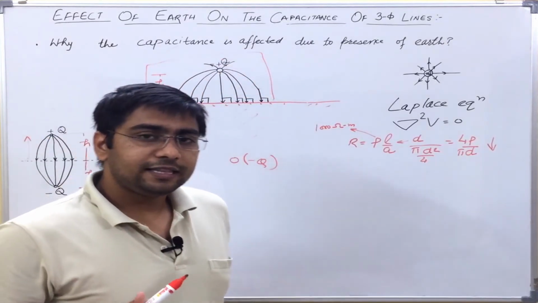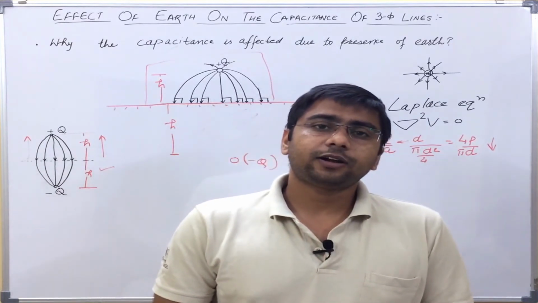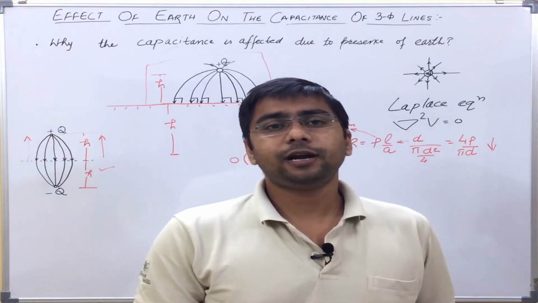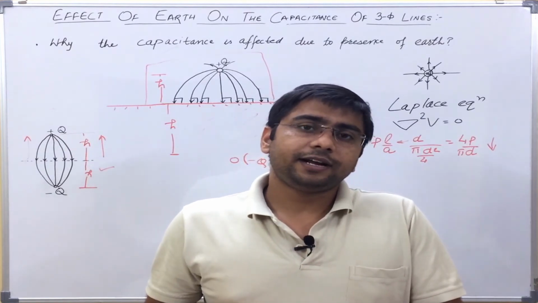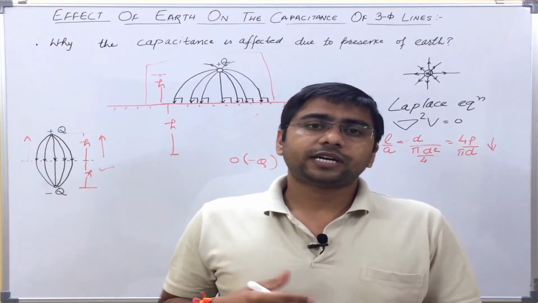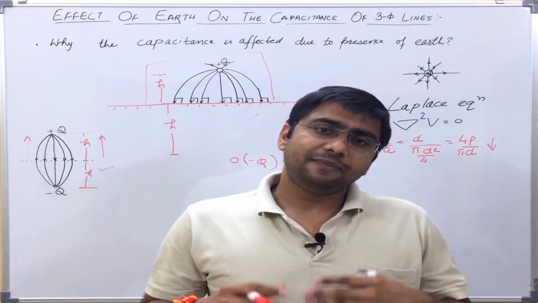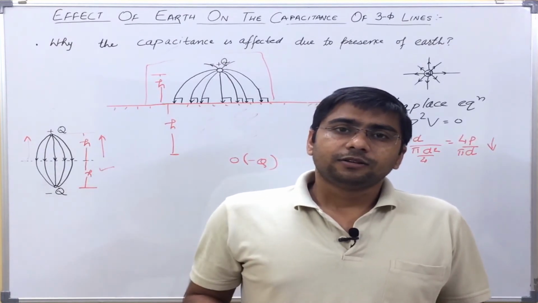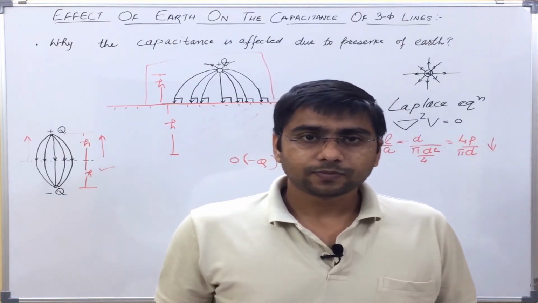So in this way, if we want to study the effect of earth on the electric field, and if the electric field gets affected, then it is clear that capacitance will get affected. So if we want to study the effect of earth on the capacitance of a transmission line, we can use the image method, and the same thing we will see in our next lecture.